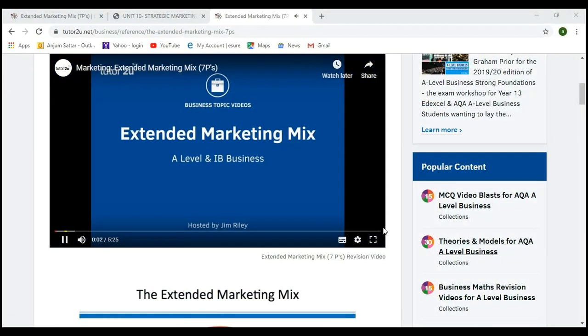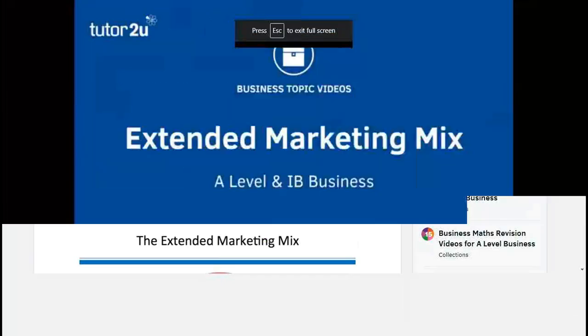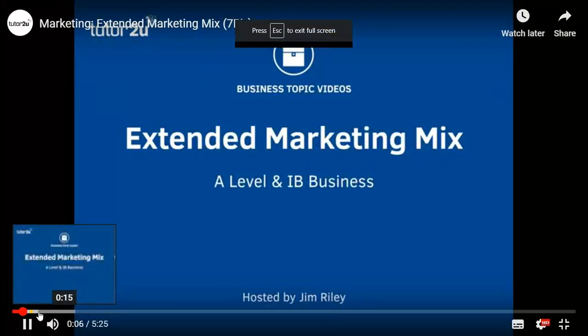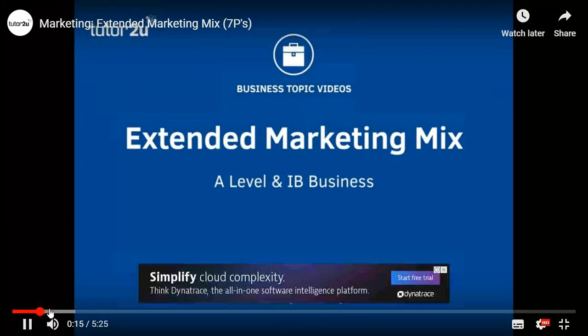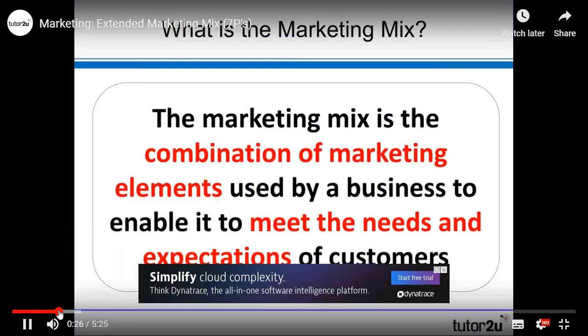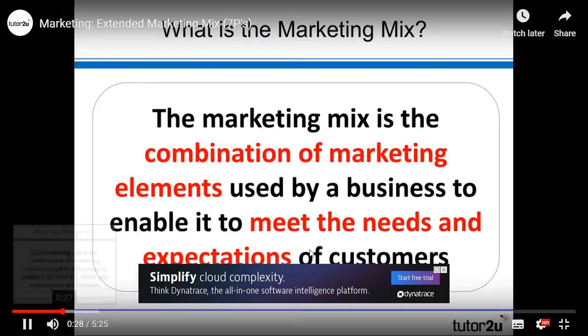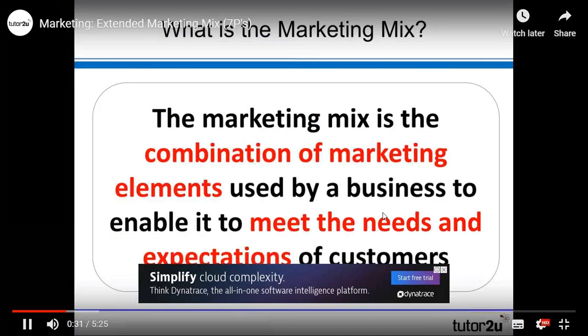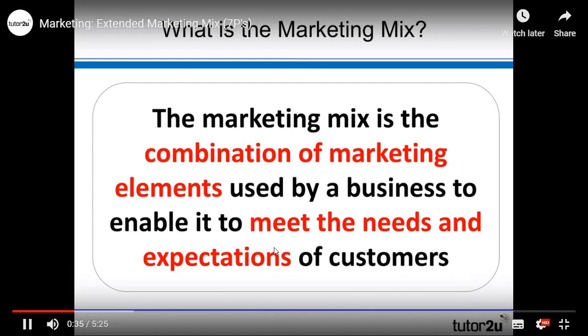Hi there. As you look at marketing and marketing strategy, you realize that marketing is more complex and commonly has more P's, so the extended marketing mix. Marketing elements are used and combined together to try to meet the needs and expectations of customers.